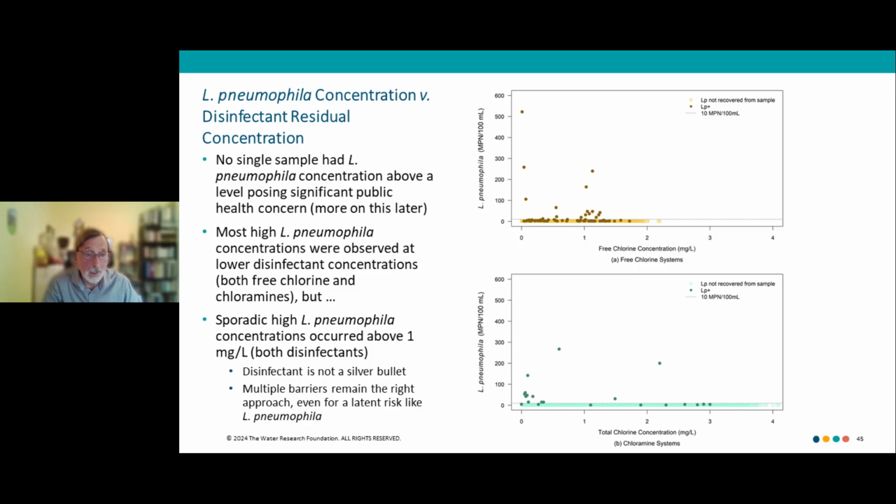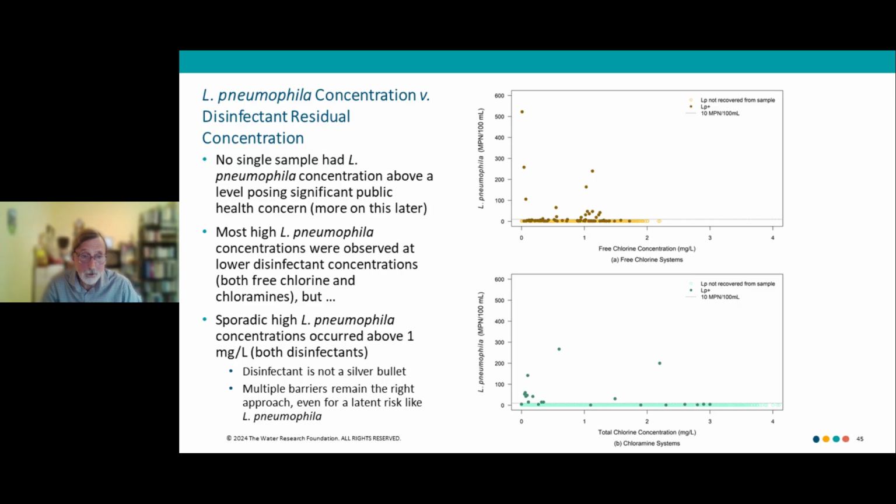You can see that we saw disinfectant concentration for free chlorine systems from 0 to just a little bit above 2, but they were really mainly clustered around 1, along with the samples. The highest samples and the highest occurrence all occurred down near 0 or approaching 0.2. And so put that in your memory, because we're going to come back to that.